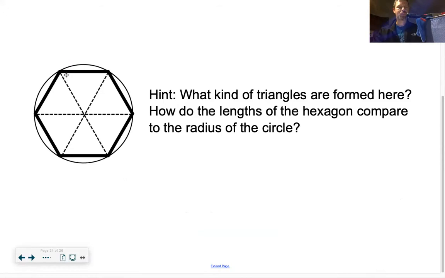So that means each one of those angles is 60. That's 60. That's 60 as well, which makes a total of 60 for each. That's an equilateral triangle. Since that's an equilateral triangle, this length is the same as that length, which is the same as this. So the radius of the circle is the exact same length as that edge of the hexagon. We're going to use that fact to help construct a hexagon.